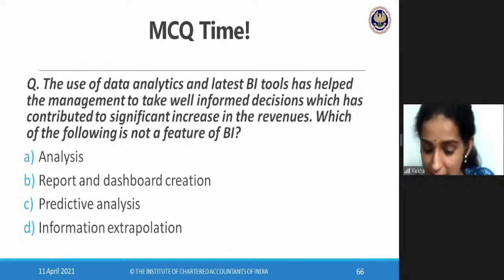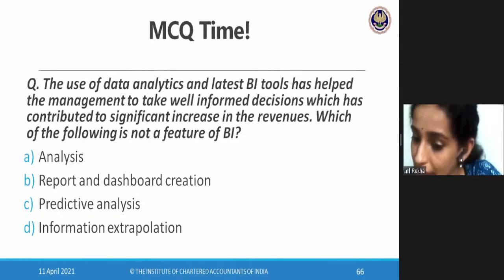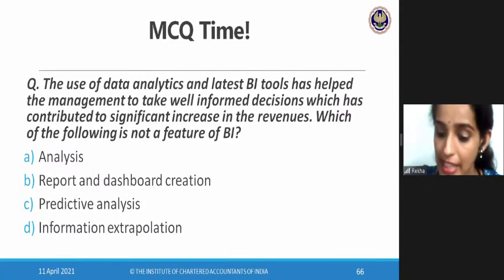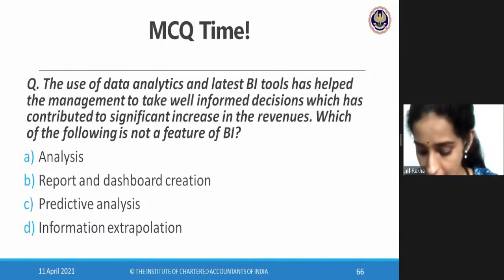The answer is C. Yes, Saurav, the answer is C. It does not have predictive analysis capability. So predictive analysis is with data analytics. It is not a feature of business intelligence. Clear? So C is the answer.